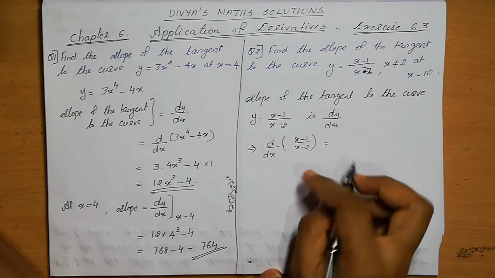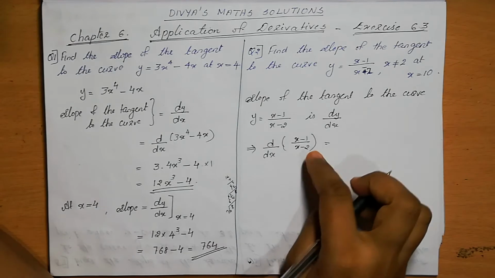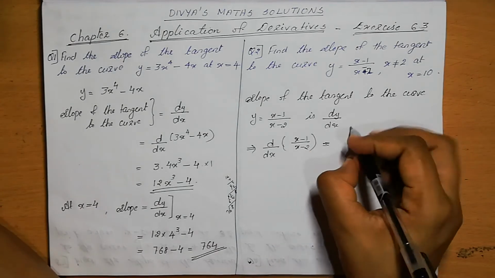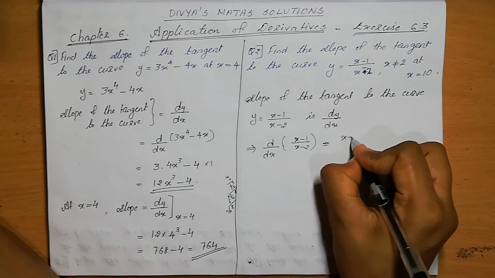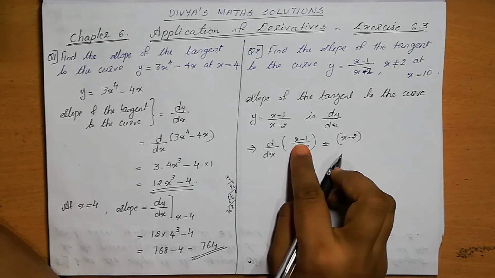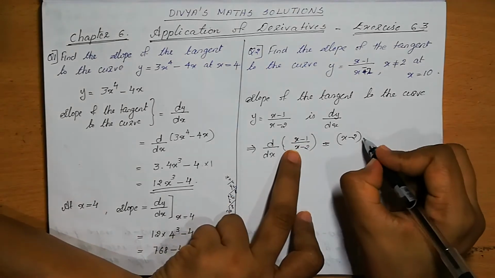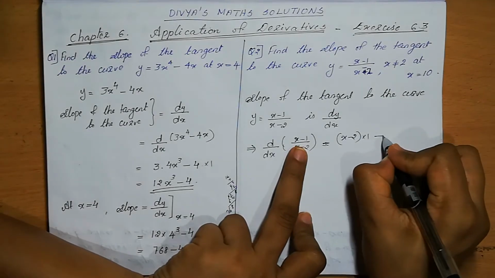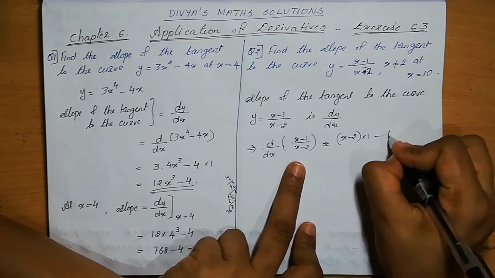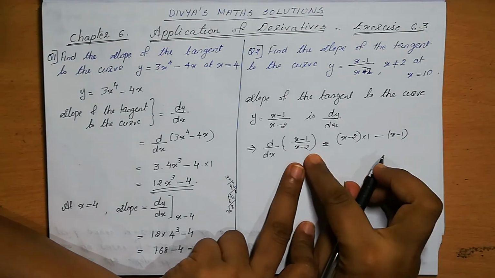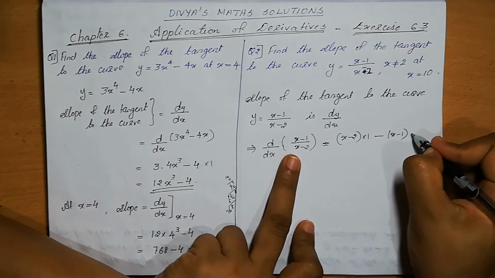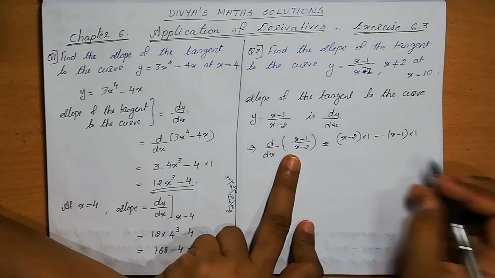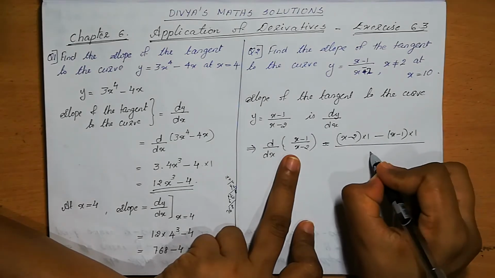So this is in the form of u by v, right? The function in the denominator is x minus 2 into derivative of numerator. Derivative of x is 1, derivative of minus 1 is 0, minus numerator, that is x minus 1 into derivative of denominator. Derivative of x is 1, derivative of minus 2 is 0, the whole divided by denominator square.